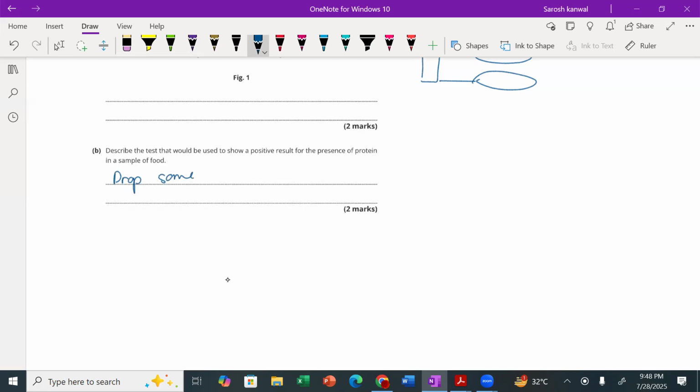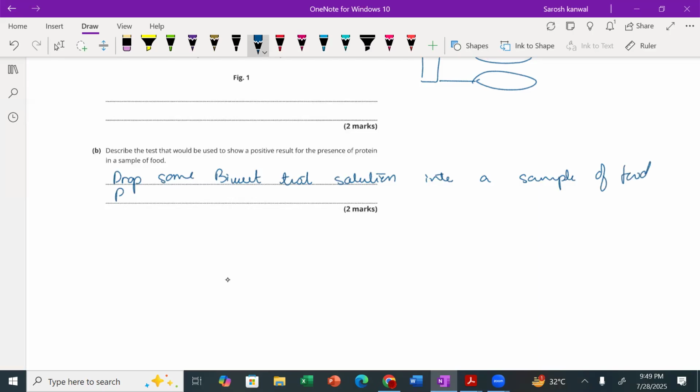You have to drop some Biuret test solution into a sample of food, and then the positive result is a color change from blue to purple, or that is lilac, right?